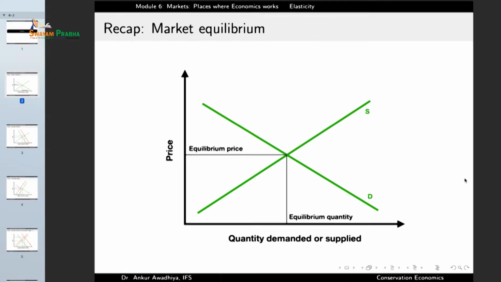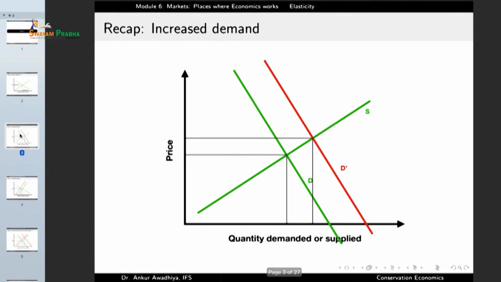And we also explored what happens when there is a change in the demand or a change in the supply. Now, a change in demand is represented by a shift in the demand curve. So, an increase in demand is shown by the demand curve shifting towards the right, and a decrease in demand is shown by the demand curve shifting towards the left.